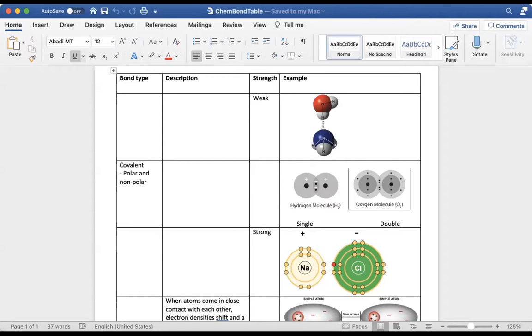No. Okay, so for the description, hopefully you have something along the lines of a partially positive hydrogen being attracted to a partially negative atom in another molecule. Both are polar covalent bonds within their own molecules. So again, I know it's long-winded, but hopefully you got something along those lines.